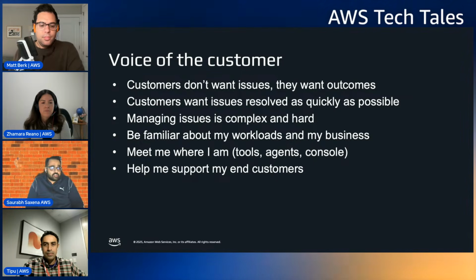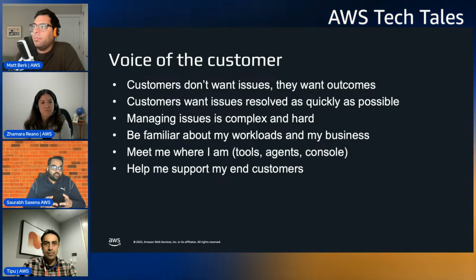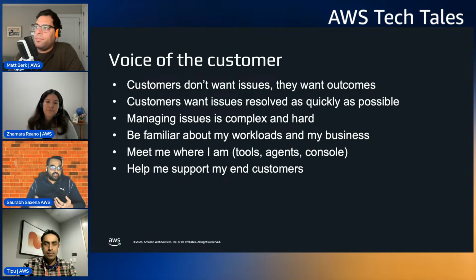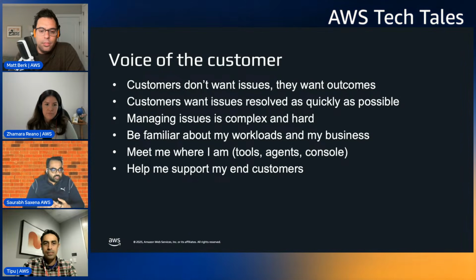We have large ISVs that provide AI, ML, or data analytics services to further downstream customers. And they are looking at us and saying, when AWS has anything that I'm impacted with, I want to be able to support my end customer. So, for you, I might be one number on a spreadsheet, but I have 100, 200 customers behind me. So understand that when you think of impact and you think of scale, right?